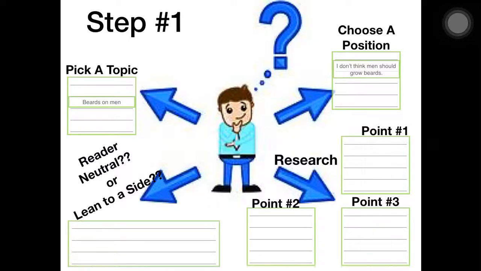Okay, now I need to think about who my reader is. Is my reader going to be neutral or lean to a side? And here I'm going to put, due to the trendiness of beards, most men likely lean towards wanting a beard. So I'm assuming I'm going to be writing this to a group or even to a society that is looking favorably at beards right now.